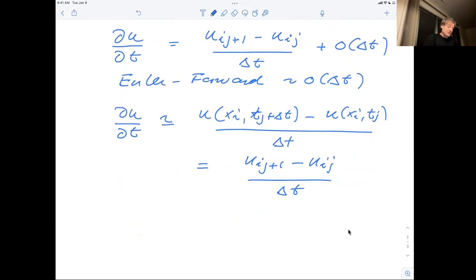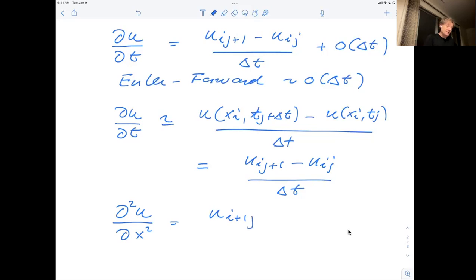So the second derivative, on the other hand, is approximated with another famous formula, which is called the midpoint formula for the second derivative. So in our case, this would be given by, and I'm just stating the result here, u of i plus 1 of j. So this is the same as u of x i plus delta x.